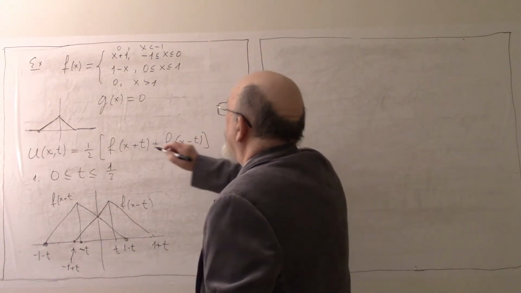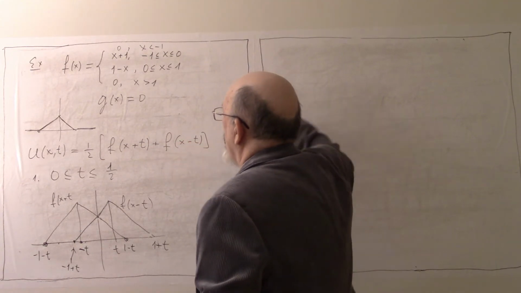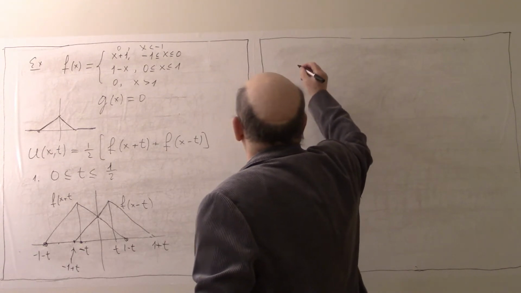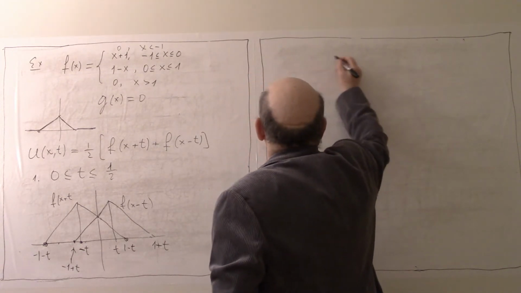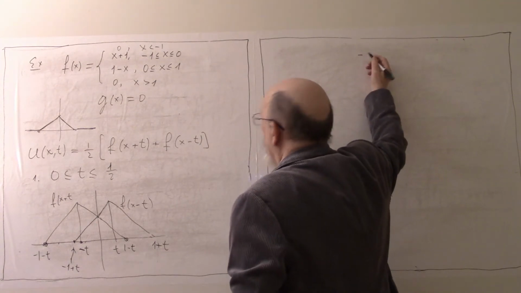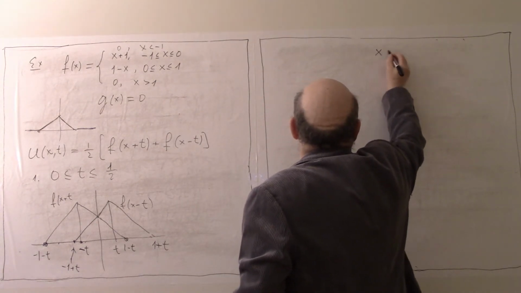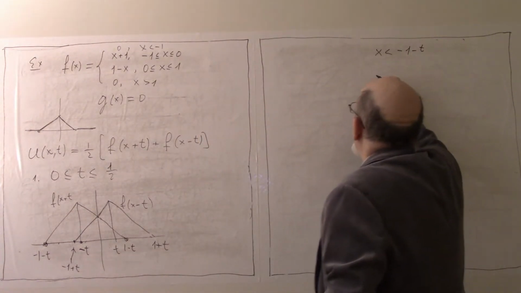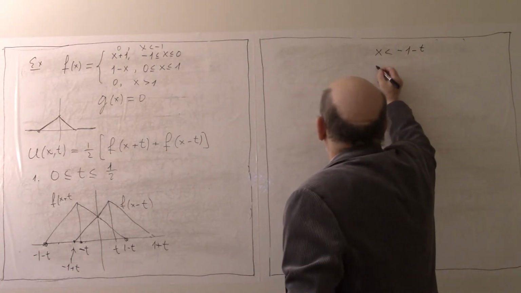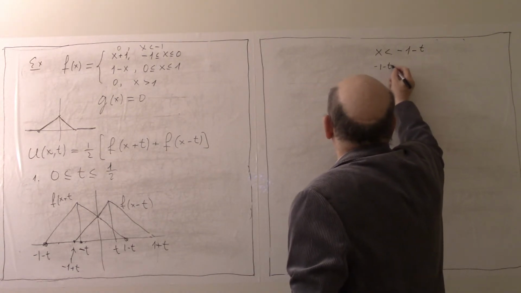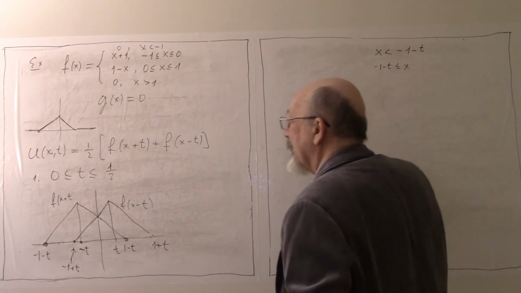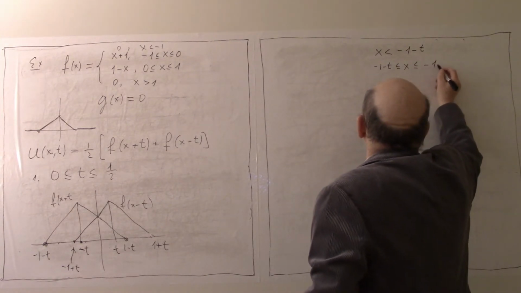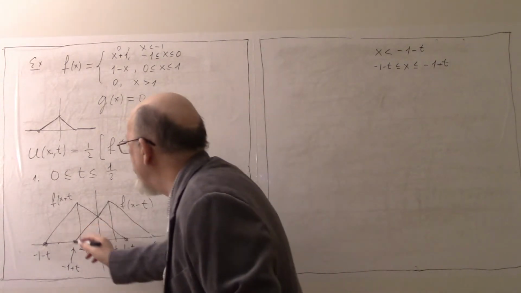We have f of x plus t. So we have the following intervals: x less than minus 1 minus t. Next, minus 1 minus t less than x less than minus 1 plus t. It is this.